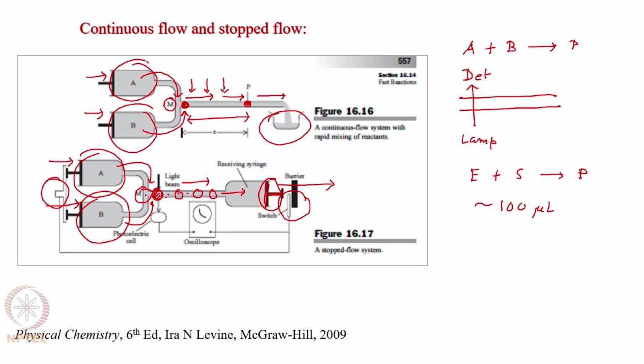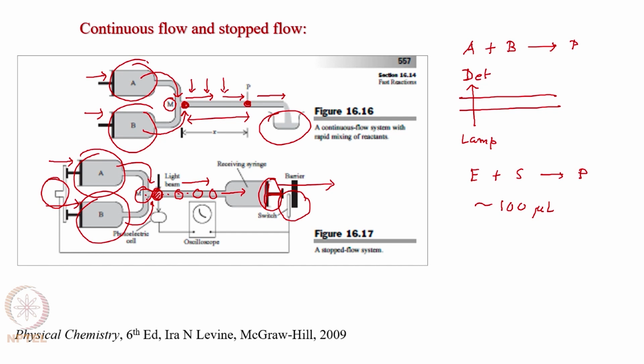So what we do here is that we mix the thing, and the difference is that in the earlier case it was continuously flowing, and different locations basically map into different time intervals. But in this case I have mixed and immediately I have stopped. So stopping means now I have a mixed solution along the tube.